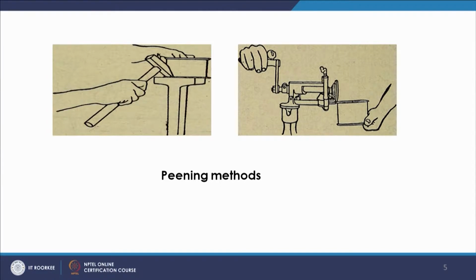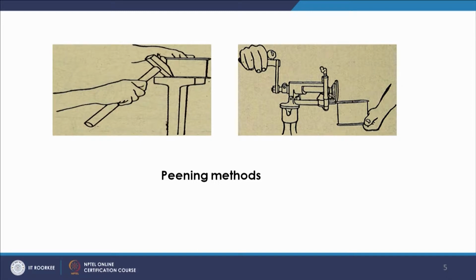As you see, we can do this mechanically. You can do this peening by hand, and you can have a mechanism by which the pressure or blow is created.